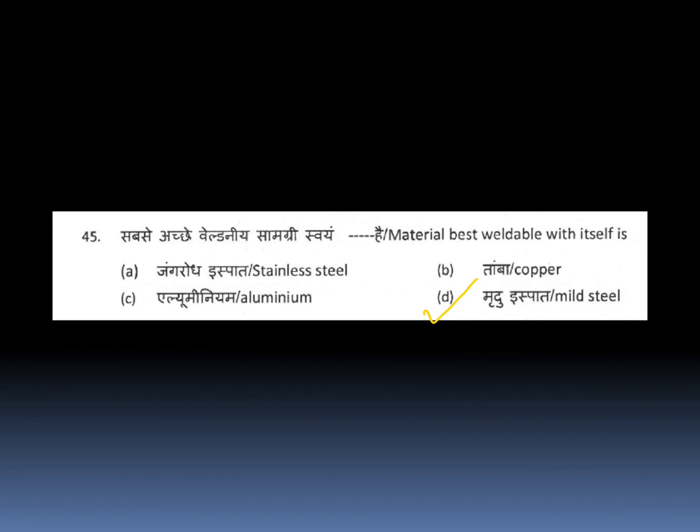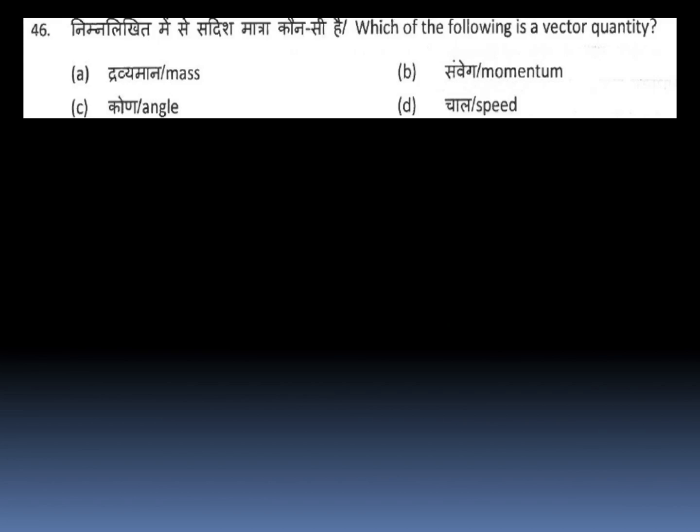Which of the following is a vector quantity? Mass has no direction, only magnitude; angle also. Vector has magnitude and direction.